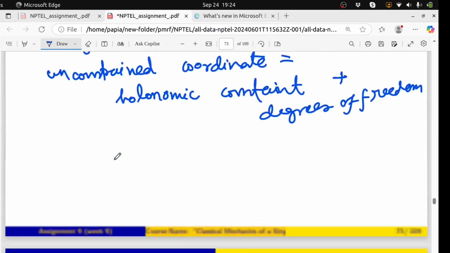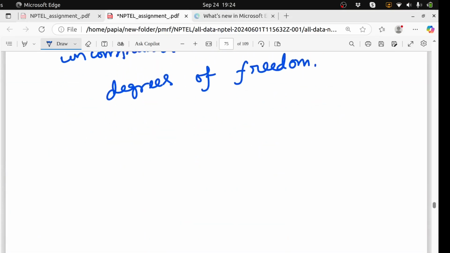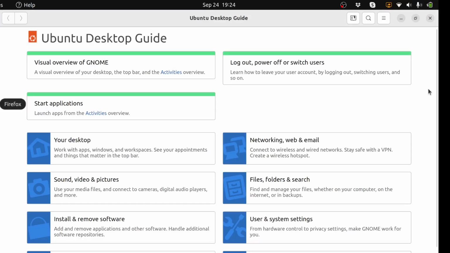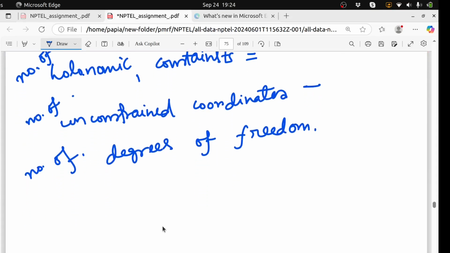Okay, now coming to the question: the number of holonomic constraints for a rigid body moving freely in 3D space. So they are asking about the number of holonomic constraints. For that we need to know the number of unconstrained coordinates and the number of degrees of freedom. And the particle is what?